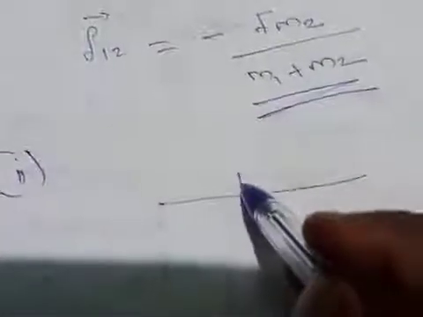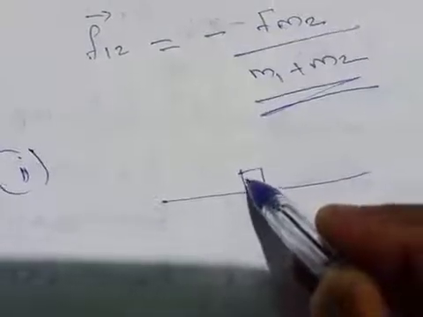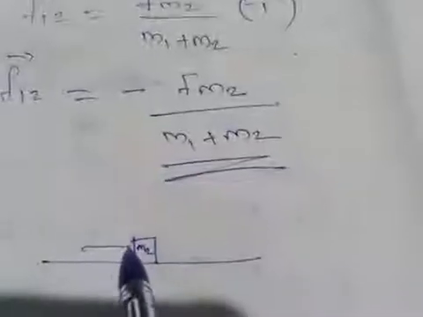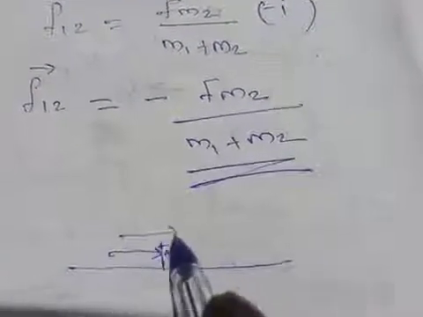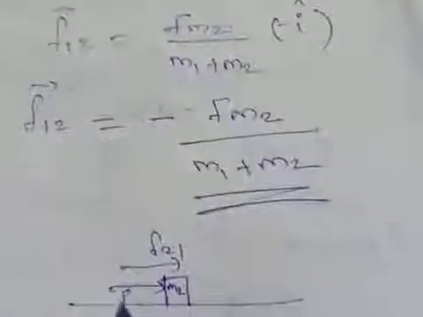Okay, now we are finding the second thing. This is the diagram: this is mass M2, here the force F is acting, and F21 also in the same direction. So we can draw the diagram.